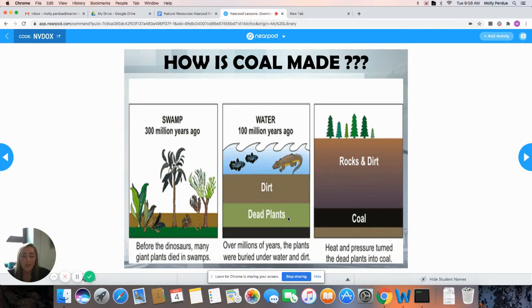These dead plants, over millions and millions of years, experienced a ton of heat and a ton of pressure that really compressed them and formed them into coal, which is now a usable resource that we use. So go ahead and think about, why is coal considered non-renewable?